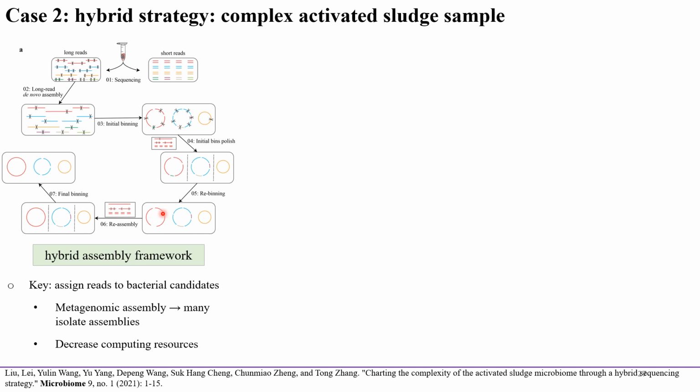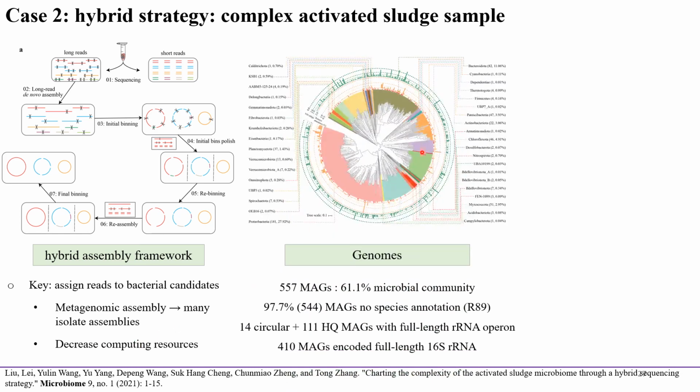This method also reduced the requirement of computing resources. Using this approach, 557 MAGs, representing more than 60% of the microbial community, have been reconstructed, including 14 circular genomes and more than 100 high-quality genomes encoding the full-length rRNA gene operons.